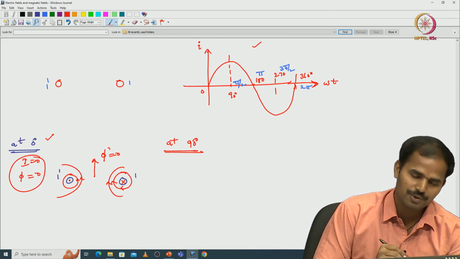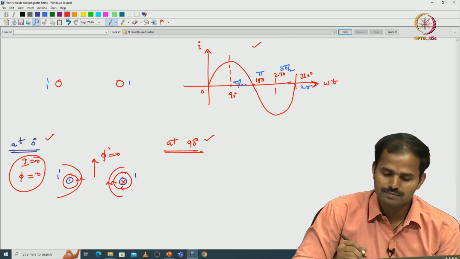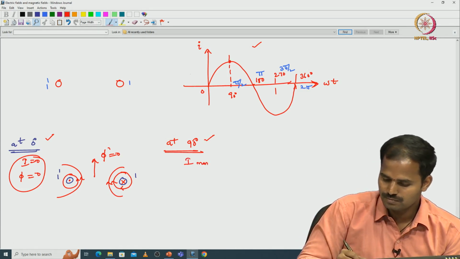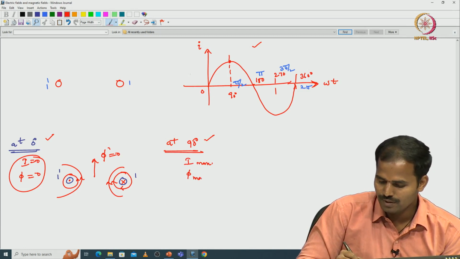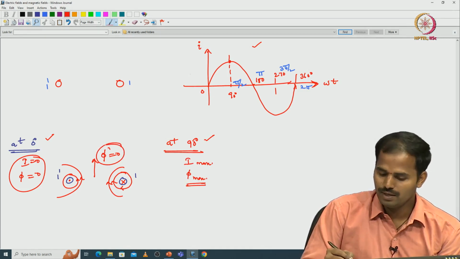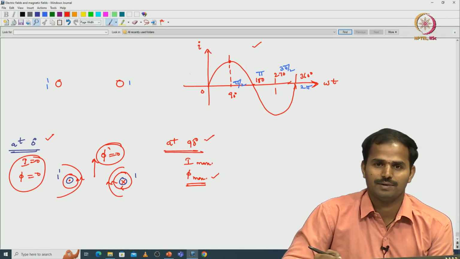The current magnitude is 0, that means flux is also 0. At 90 degrees current is maximum, that means we will see the maximum flux. Here flux is 0 and here maximum flux. We will also find the direction.